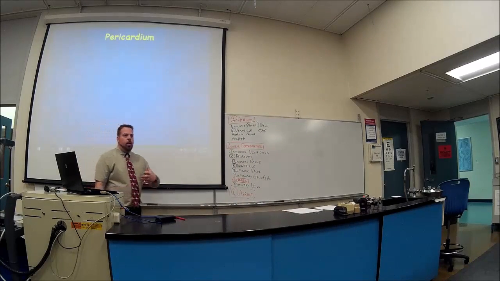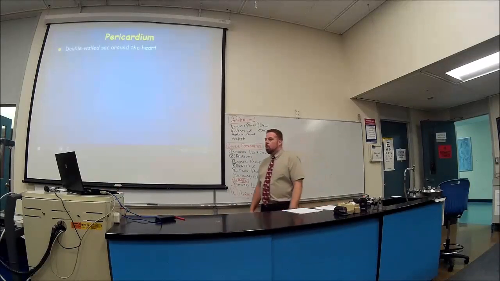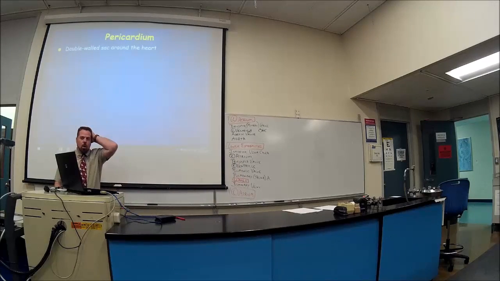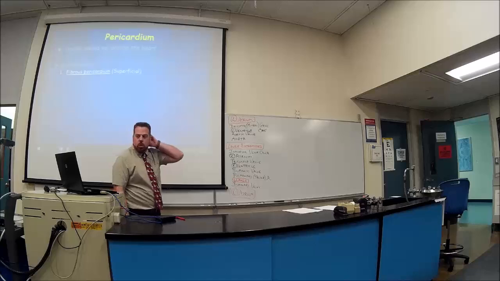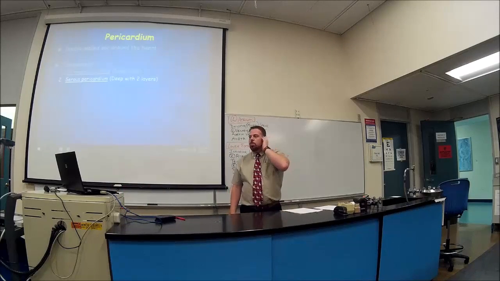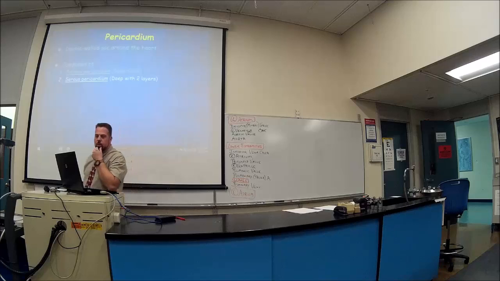Now the heart is actually inside of a sac called a pericardium. It's a double-walled sac around the heart. And it's composed of a fibrous component and a serous component. Okay? The fibrous, which is as the name implies, there's fibrous connective tissue there. That's the superficial area.